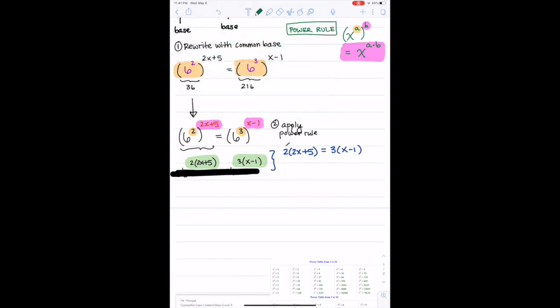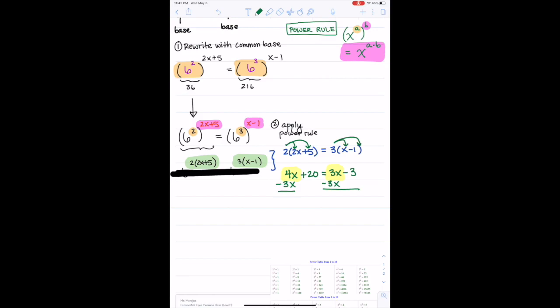First step, we're going to distribute. So that's going to give us 4x plus 20 is equal to, distribute again, 3x minus 3. And then we're looking for like terms. I see a 4x and a 3x. So I can bring one of those over to the other. So I'm going to move this 3x to the other side.